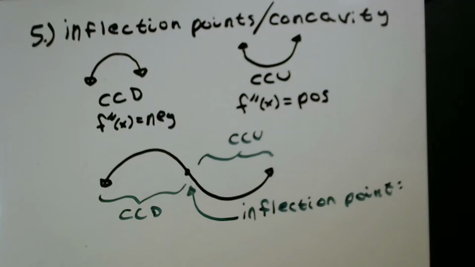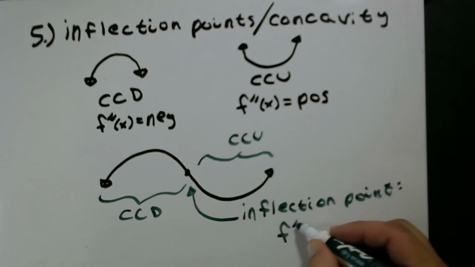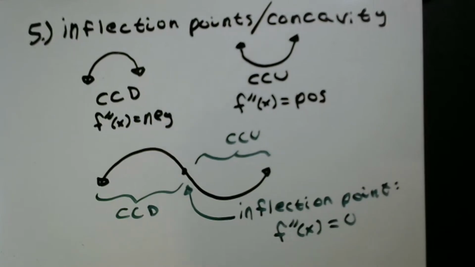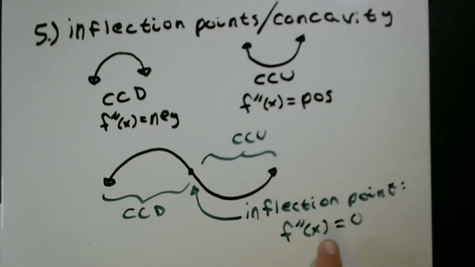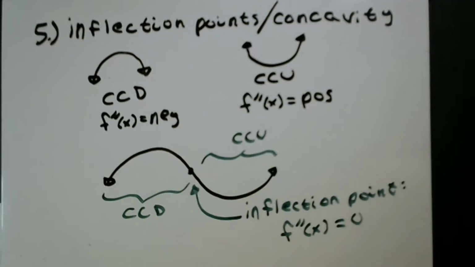And where do we find inflection points? This is where the second derivative of f of x being 0 is important. When that second derivative is 0, that's where we find these inflection points, that transition point from one concavity to the other. So let's look for those transition points in this function. Let's take a gander.